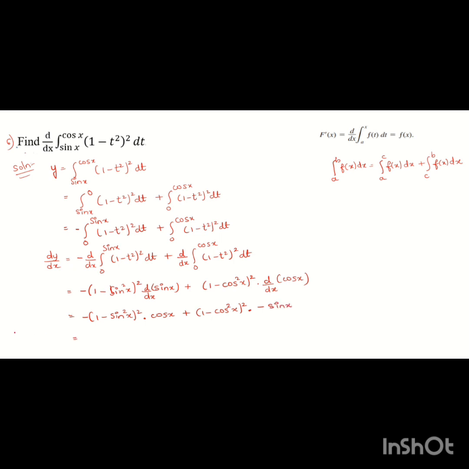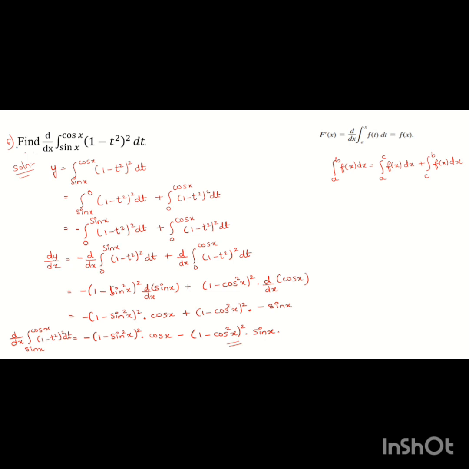So the final value, that is dy by dx, the derivative of integral sin x to cos x of 1 minus t square whole square dt, equals minus of 1 minus sin square x whole square times cos x. Since you have a minus here, plus times plus into minus will be minus. So it is minus of 1 minus cos square x whole square into sin x. This will be your final answer.